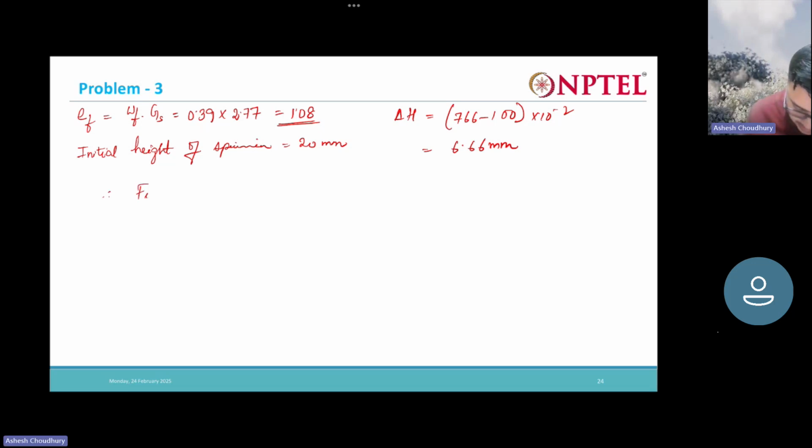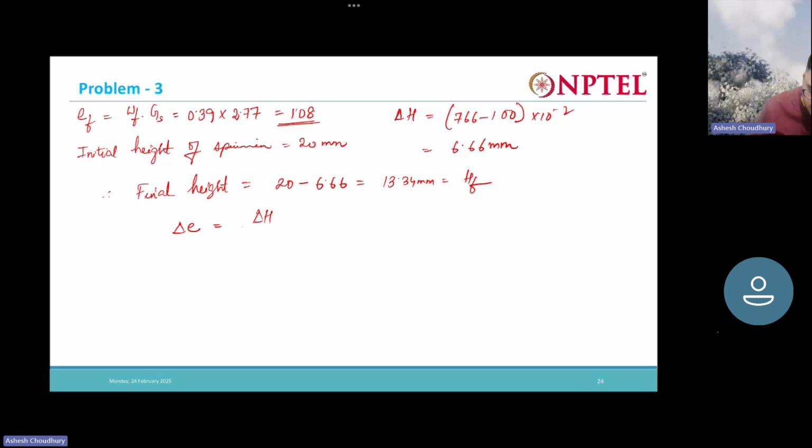Therefore, final height, if initial height was 20, the final height is going to be 20 minus 6.66. It is 13.34 mm. This is nothing but the final height of specimen, isn't it? Now delta e is what?